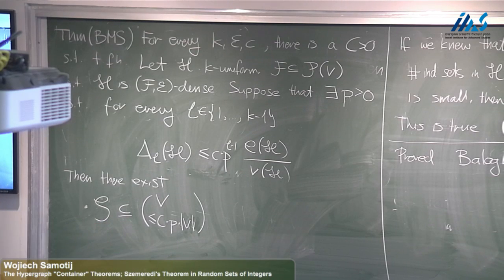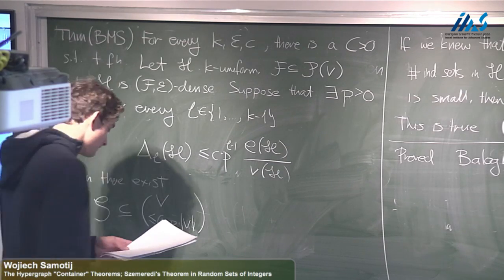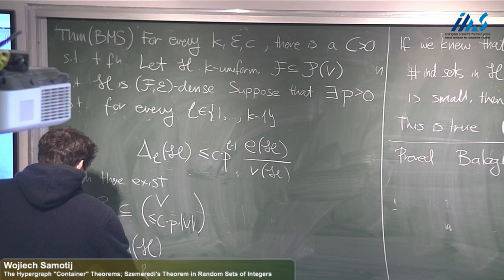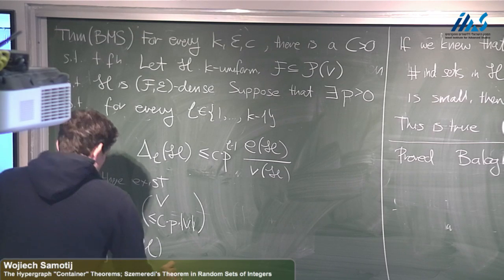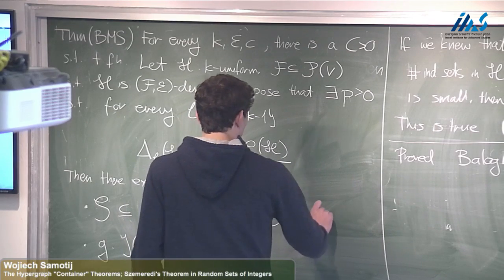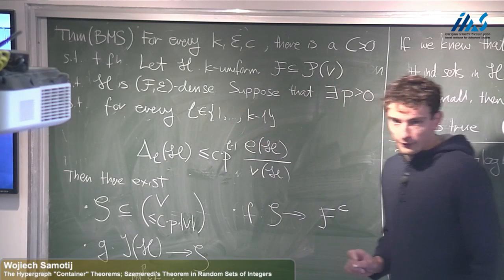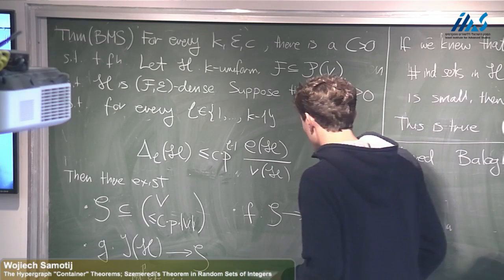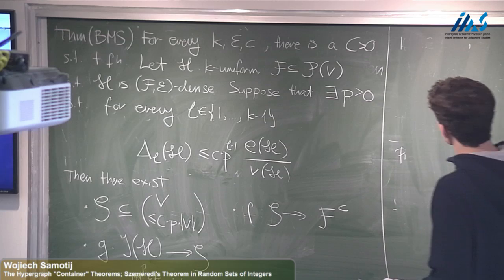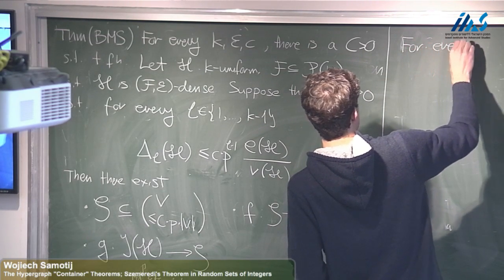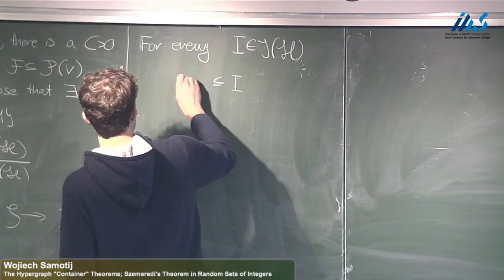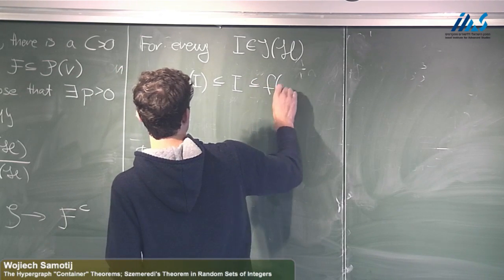So we have a family of fairly small sets which contain only a p proportion of the vertices, and two functions: a function G, which sends the family of all independent sets of H into this family S, and a function F, which sends every set in S into something which is not in F. And now the most important conclusion is that for every I, which is an independent set, I is sandwiched between G of I and F of G of I.